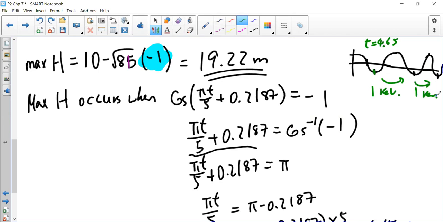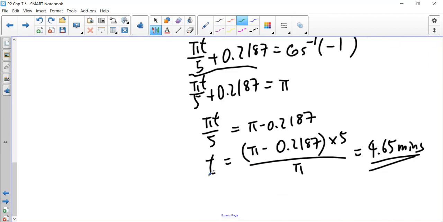So if we can find a time at this point, the difference will be our answer. So the first point is at pi. After 1 revolution, it will be 3 pi, and then the second revolution will be at 5 pi.